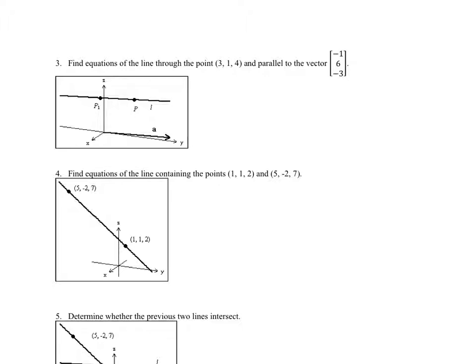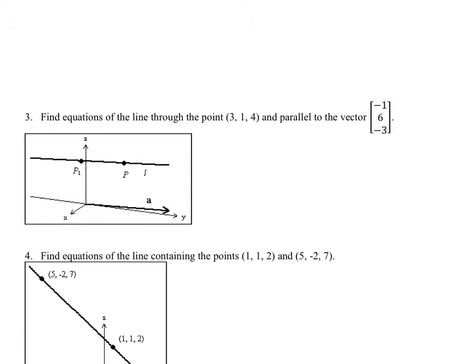All right. Number 3 is actually not bad at all, because they gave you the x sub o, y sub o, and z sub o. So this is our x sub o, y sub o, and z sub o, and this is our ABC.